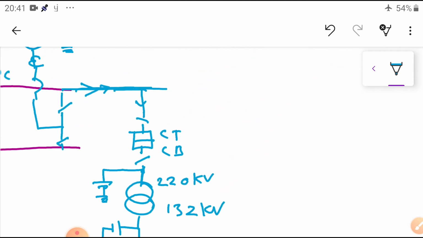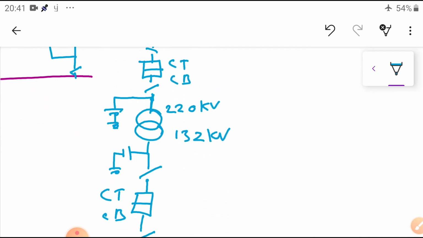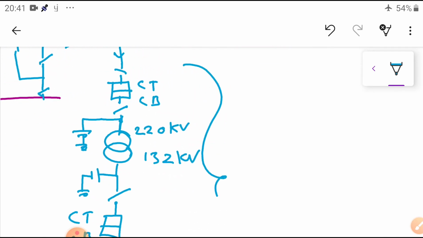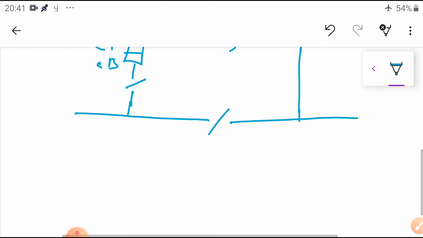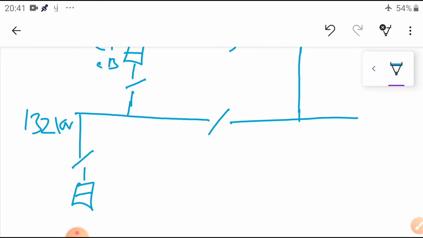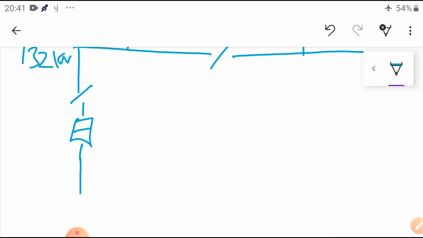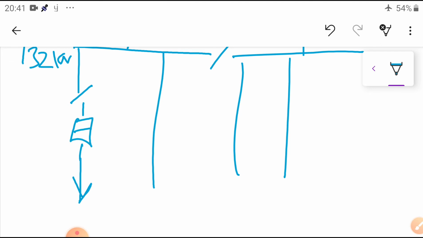Suppose the load requires more support, then I am going to use the same arrangement again. Both are connected to the common bus, and here I am going to use a bus coupler. From this it goes to the different feeders. These are 132 kV feeders. Same arrangement: isolators, circuit breakers and CB, and isolators going to the outgoing feeders. So these are all the feeders.